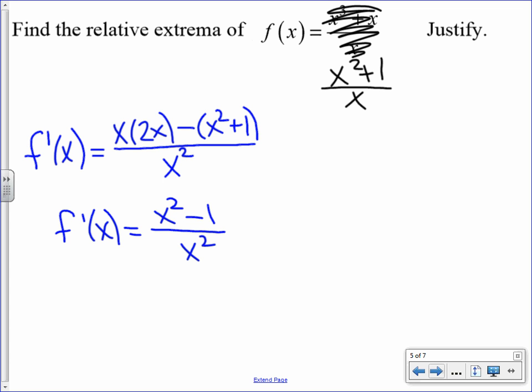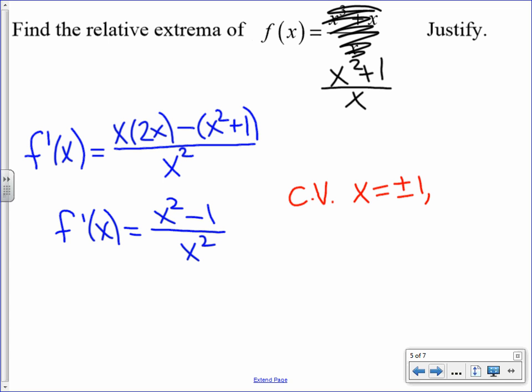So now, what do we need to do with this? Set it equal to 0. Oh, here's your favorite part, are you ready? Where is the derivative 0? Plus or minus 1.